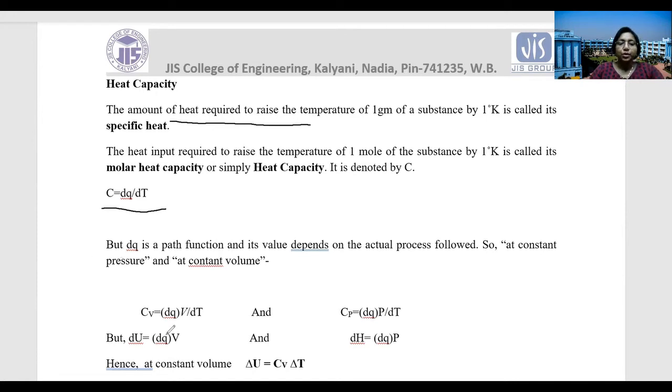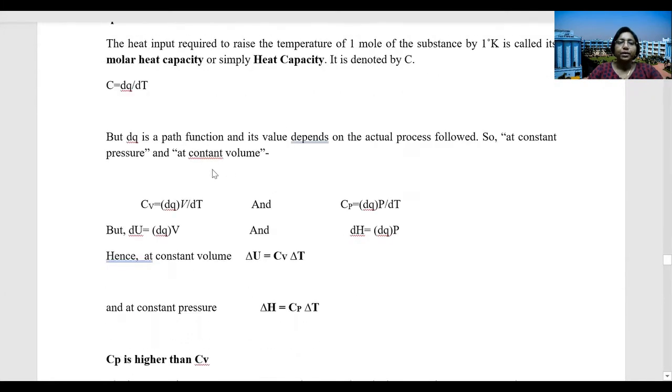If we do it at constant volume, we write it as CV, and at constant pressure, we write CP. But dq is a path function, so it depends on the path, and its value depends on the actual process followed.